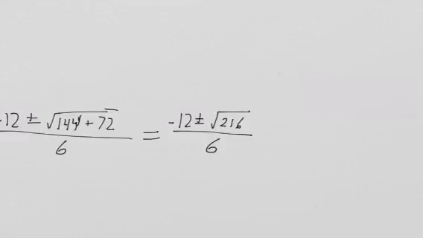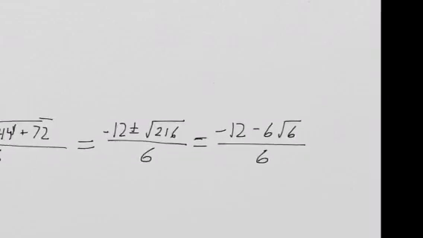There happens to be a factor of 36 inside that radical. It ends up being 6 times the square root of 6 divided by 6. And then I can cancel the factors of 6 and I end up with negative 2 plus or minus the square root of 6.